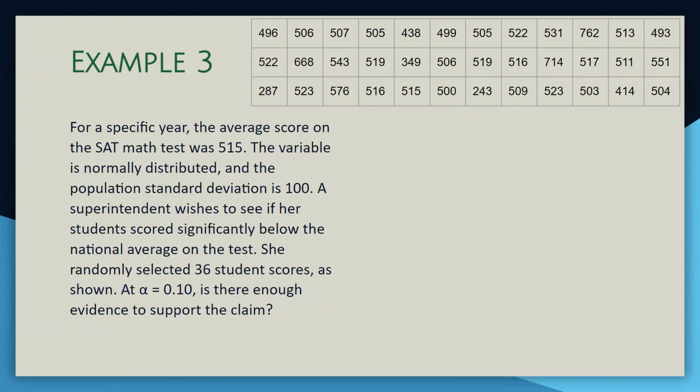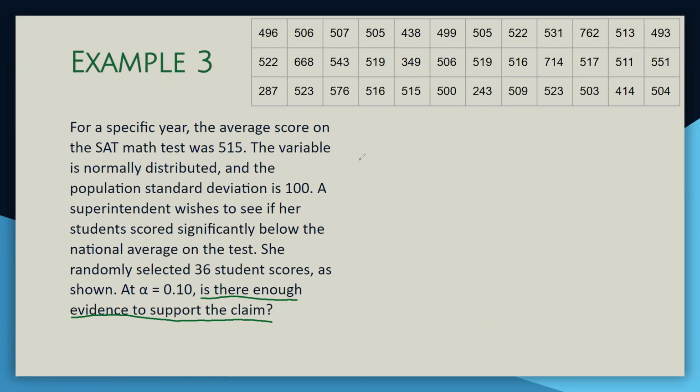At alpha equals 0.1, is there enough evidence to support the claim? So again, we're going to pick through this, and I see a similar statement. Is there enough evidence to support the claim? So that's definitely a hypothesis test, because we know hypothesis test is asking about verifying claims.